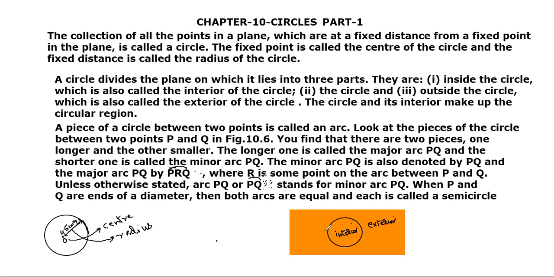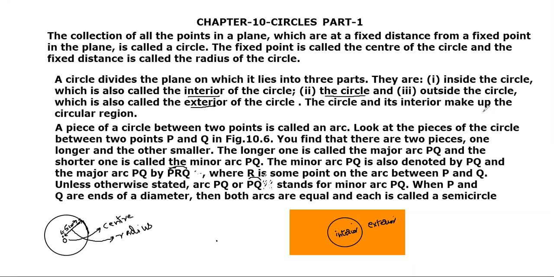And third, the circle itself. This is the line, the boundary of the circle, the circumference of the circle, which has some points, and that is called the circle. So every plane is divided by the circle into 3 parts: one, the interior; second, the circle, the line which is making the circle; and third, the exterior of the circle.